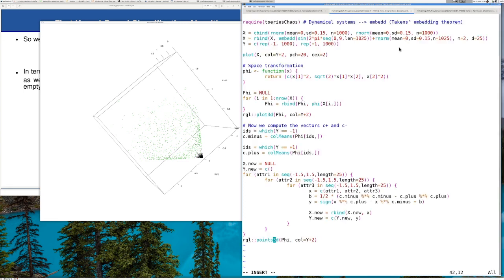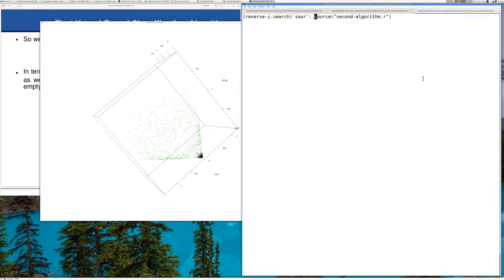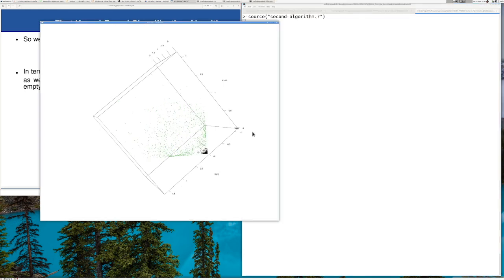Ah, so nice, points3d. Yeah, I didn't know it. So I'm going to plot x new and y new plus 2, just to make the correction in the colors, right? Yeah, let's do it. That's all. Let's see what's going to happen with my second algorithm.